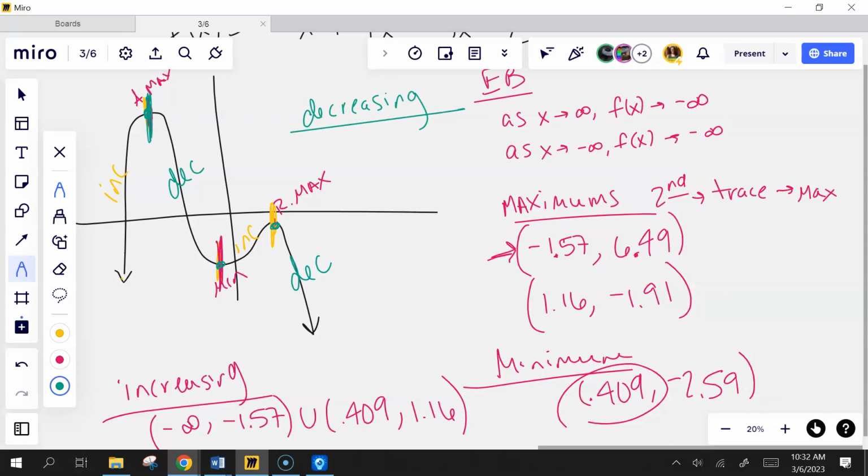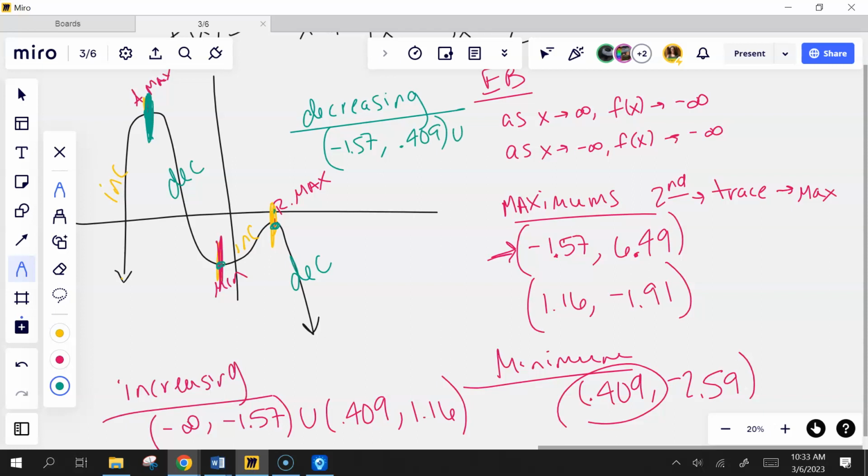I'm going to go from the x value of this first maximum, so negative 1.57, until what? You tell me. That's right, 0.409.